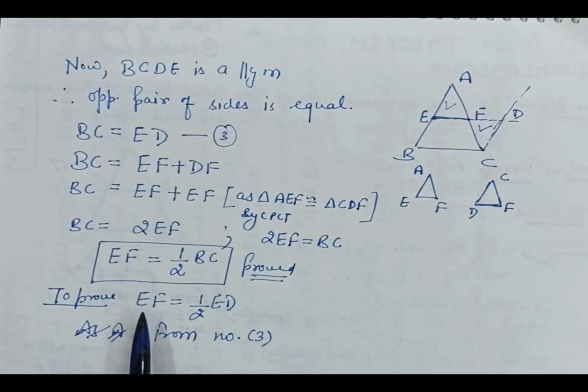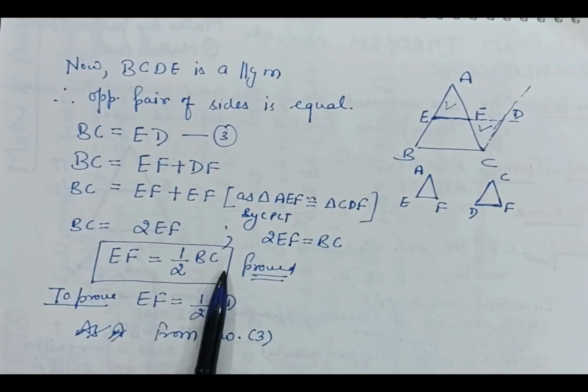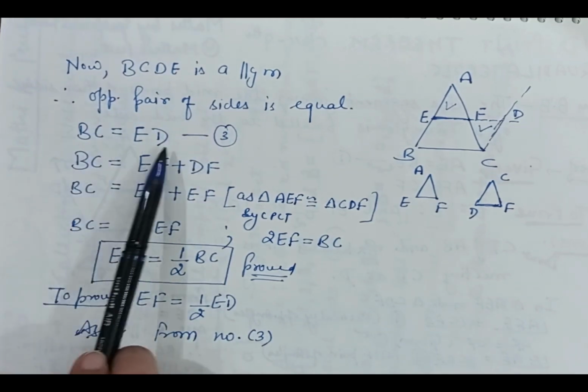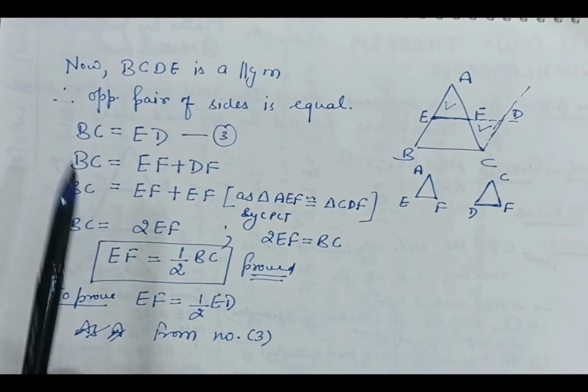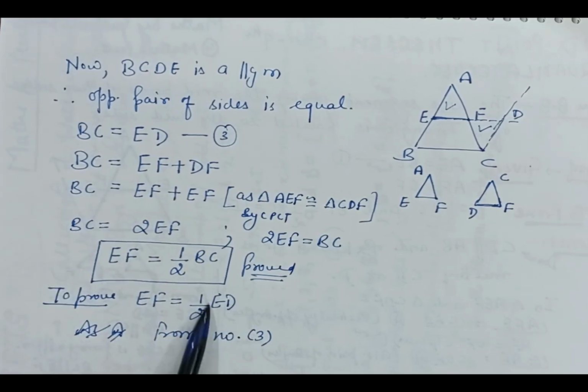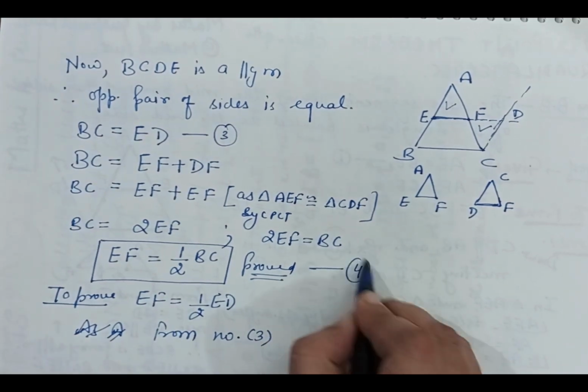I also have to prove that EF is equal to half of ED. I have proved EF is equal to half of BC. To prove EF is equal to half of ED, I will make use of this thing again: BC is equal to ED. Just replace this BC with ED in this proof. So I will write it as number 4.